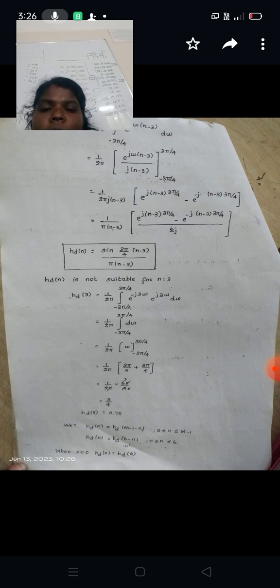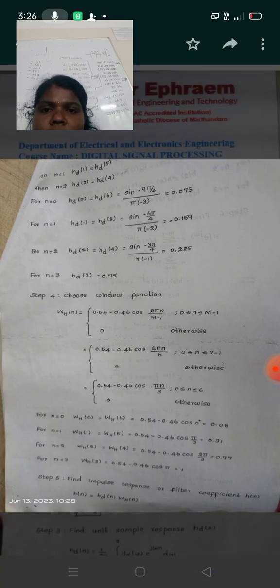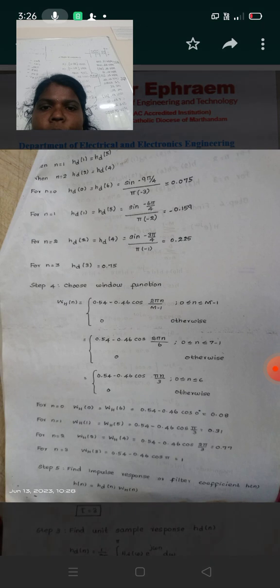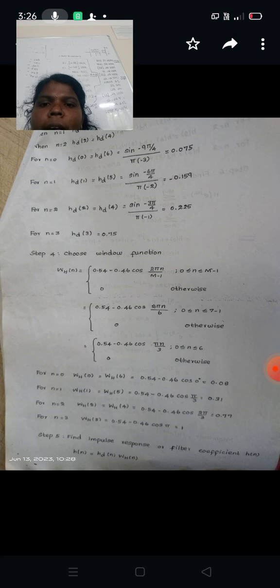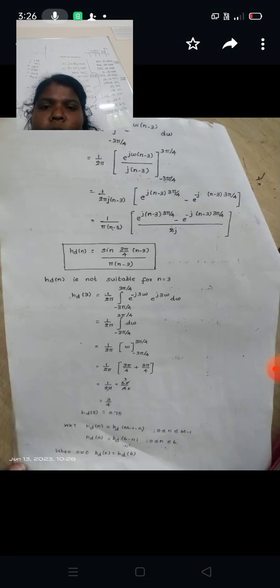So when we substitute these values in the first equation, we get hd of 0 equal to hd of 6, hd of 1 is equal to hd of 5, hd of 2 equal to hd of 4.